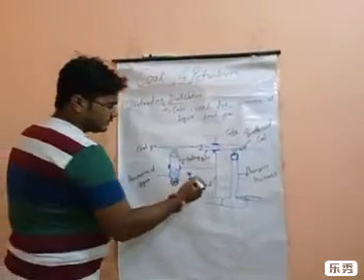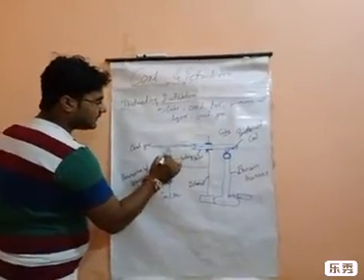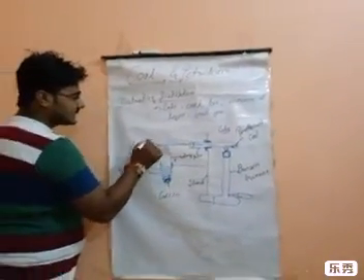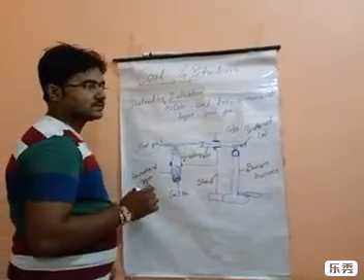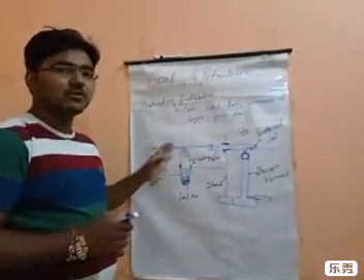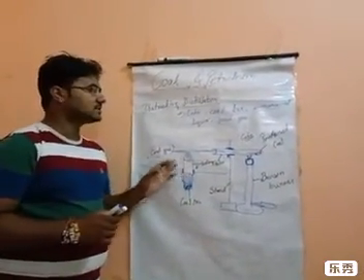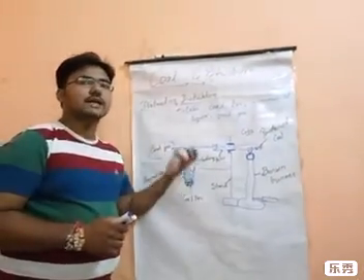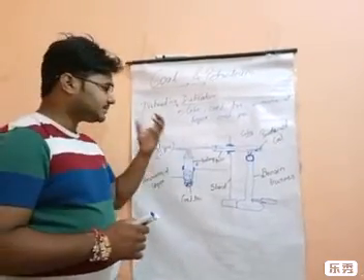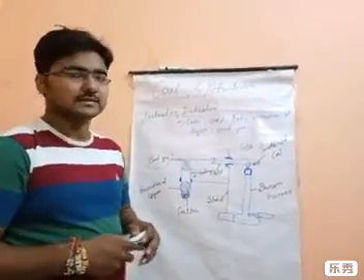Now we have got solid, semi-solid, and the liquid, and after that what is remaining? Gas. This gas is called coal gas. What is the use of coal gas? The gas released after destructive distillation was used as a fuel. But nowadays it is replaced by natural gas.